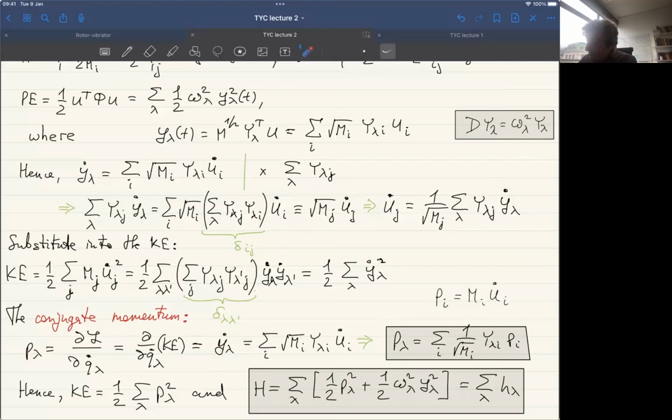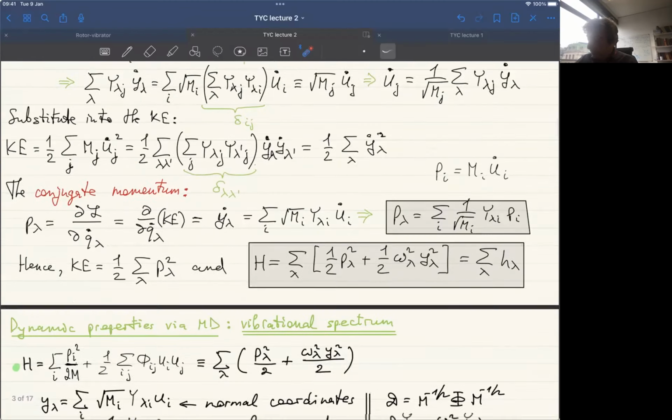Kinetic energy and potential energy sum up together, and we have for the total Hamiltonian of our system that expression, and this is nothing but a sum of independent harmonic oscillators. You can recognize in this a harmonic oscillator Hamiltonian, kinetic energy with mass equal to 1 and the potential energy, which we will denote with a small h.